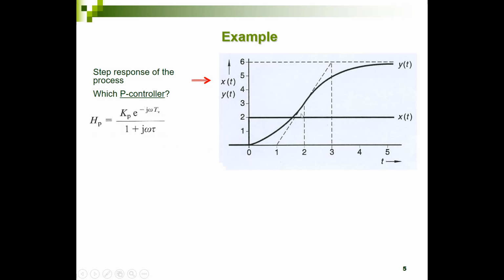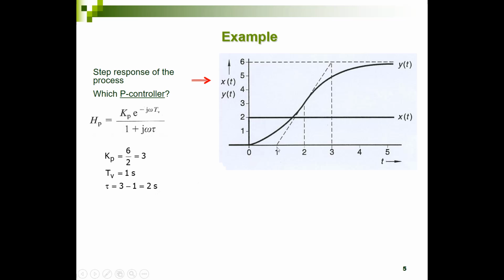What we are doing is drawing a line at the tangent at the steepest point of this output curve y, and at these intersection points, the maximum value and the zero crossing value, this time we call the time constant tau. So in this case, tau is equal to 3 minus 1, which is 2. Well, that's written over here.